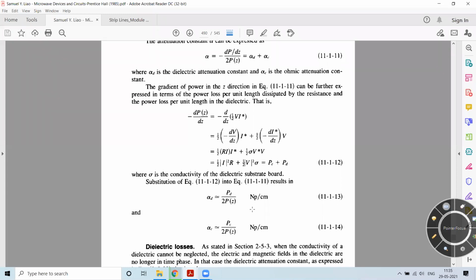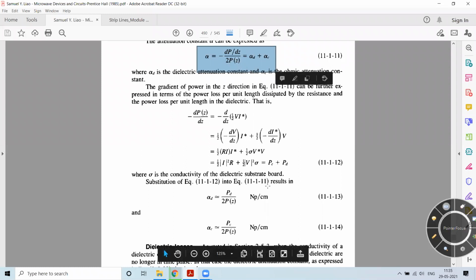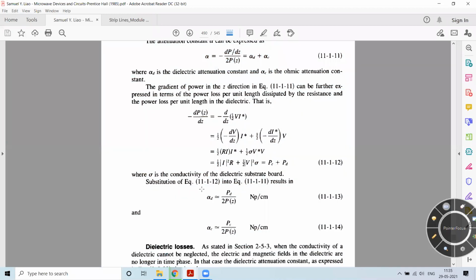Now, based on this, if you make the observation with respect to this parameter, where alpha is equal to dP/dz divided by 2 times Pz, and I substitute it over here, what I'll be having is Pc plus Pd divided by 2 times Pz.